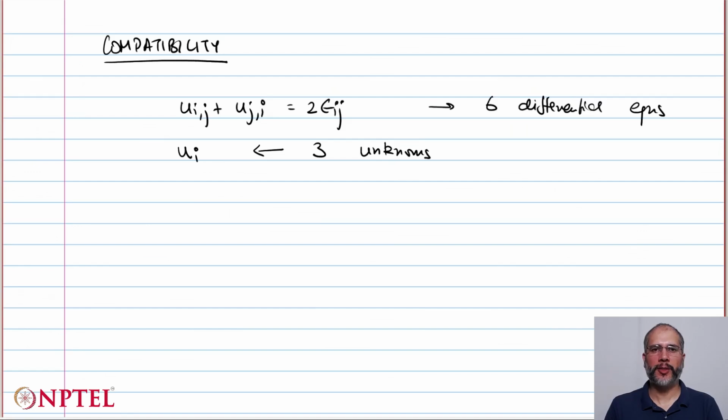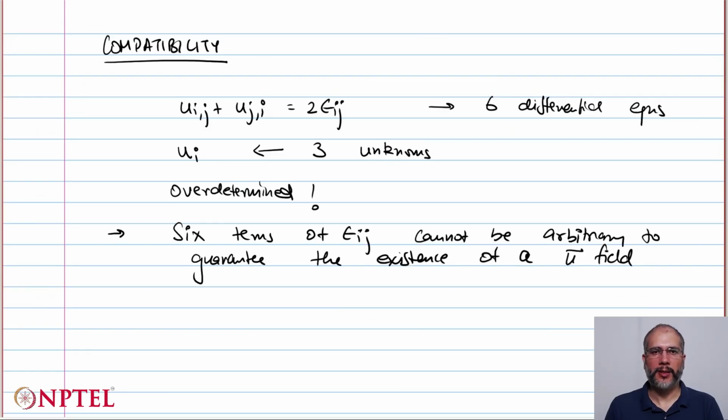So in a way, we have 6 equations and 3 unknowns. So it does seem an overdetermined system because we have more equations than the unknowns. Of course, these are not linear equations, these are differential equations. So we can state that the 6 terms of epsilon cannot be arbitrary in the sense that they need to guarantee the existence of a displacement field which comprises 3 scalar functions.